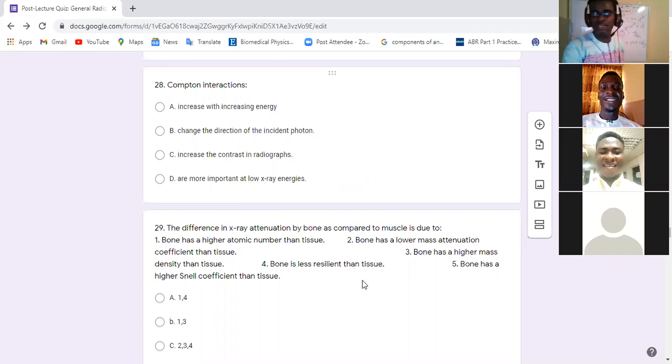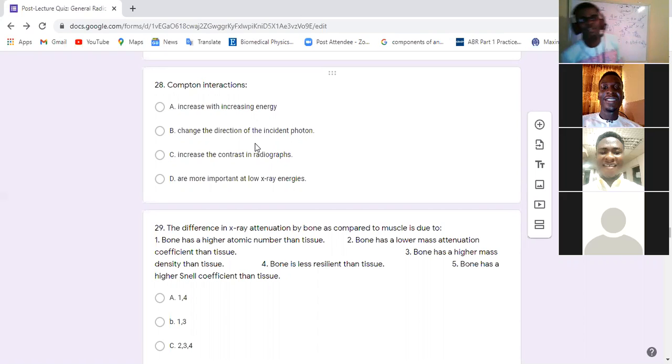So 29. In relation to the photoelectric effect and the Compton effect, the energy relation, one is E cubed and one is just inversely proportional to the first order.